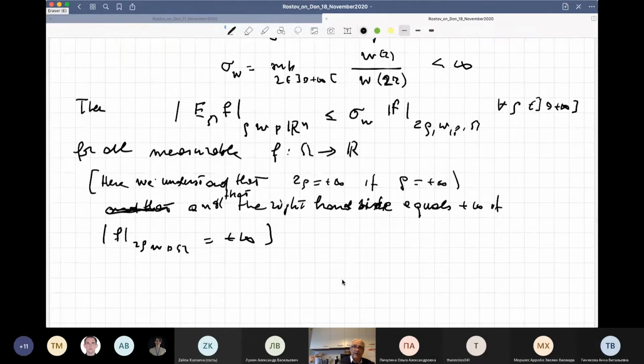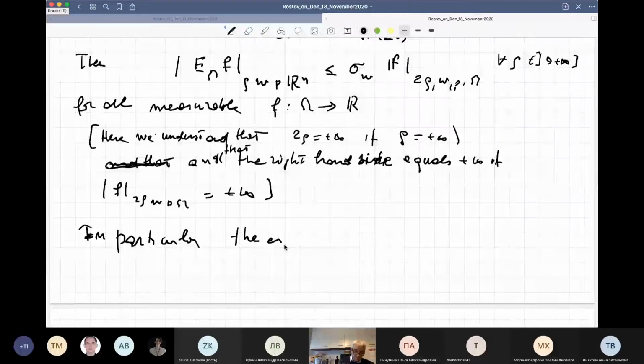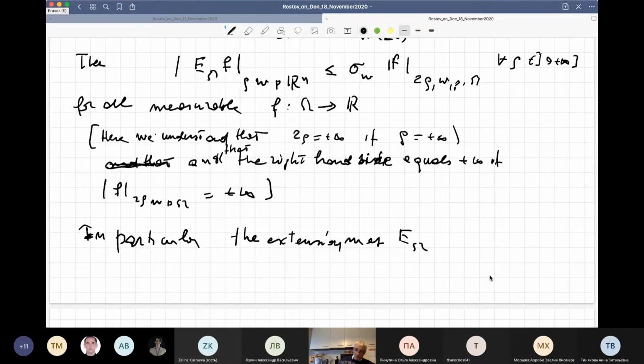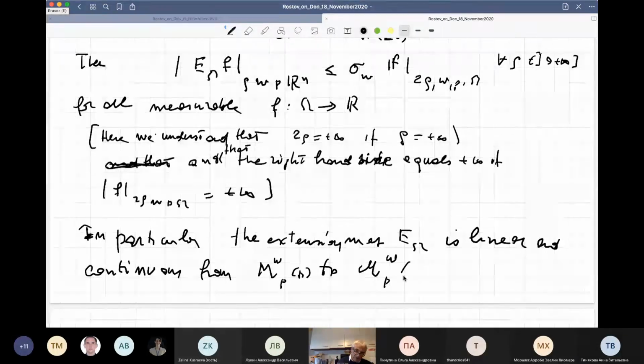In particular, as an immediate consequence, remembering the definition of norm in the Morrey spaces, in particular, the extension map E omega, also called the zero extension map because it extends by 0, is linear and continuous from the Morrey space on omega to the Morrey space in R^n.